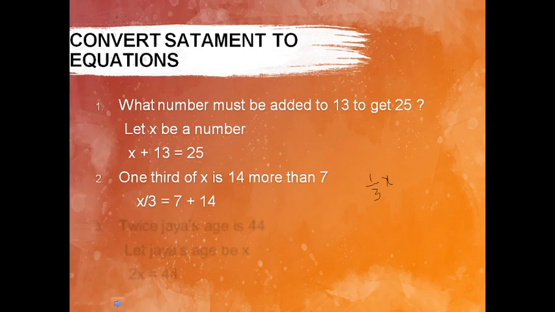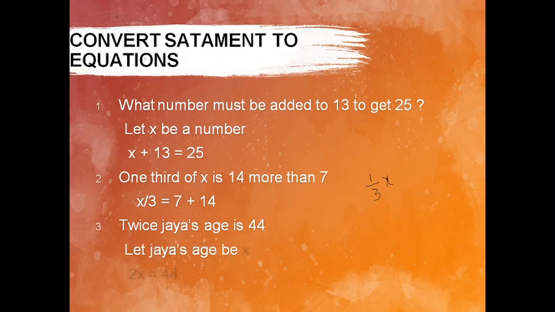Then the next statement is given: twice Jaya's age is 44. So we will take Jaya's age as x, because we don't know the age of Jaya. So, let Jaya's age be x.